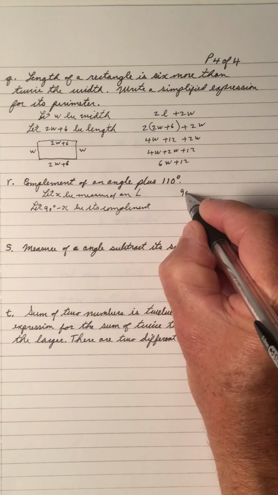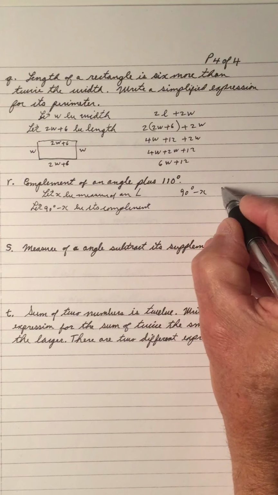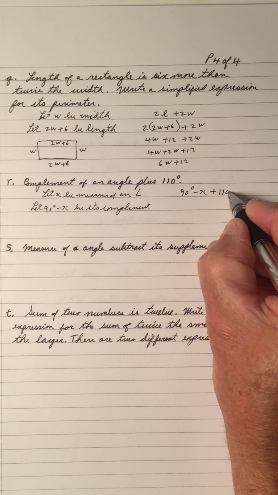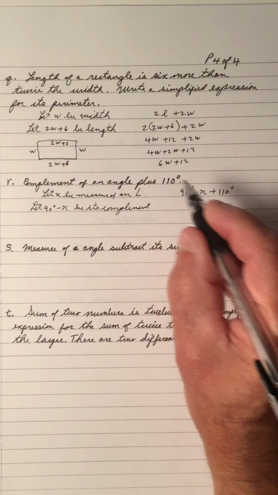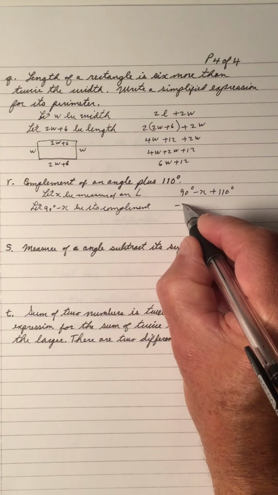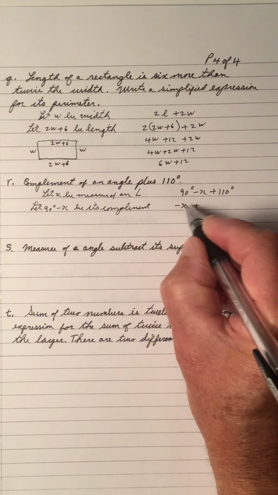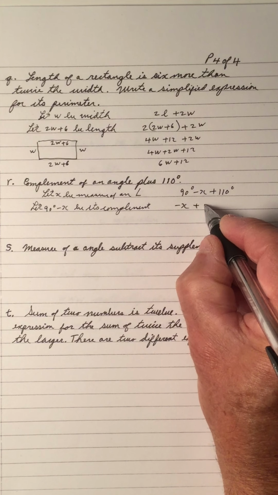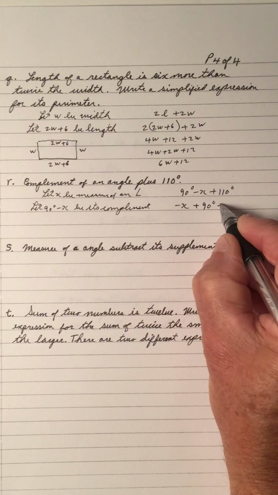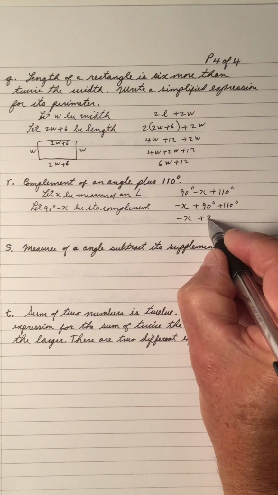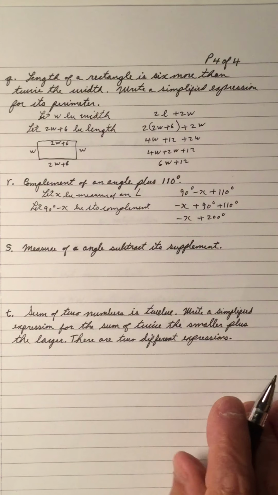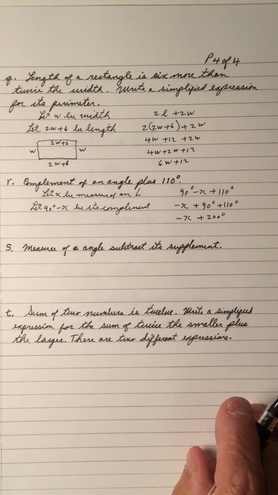So the complement is 90 minus x plus 110. And we put this in order, so that's negative x plus 90 degrees plus 110 degrees, so that's negative x plus 200 degrees. Complement plus 110.